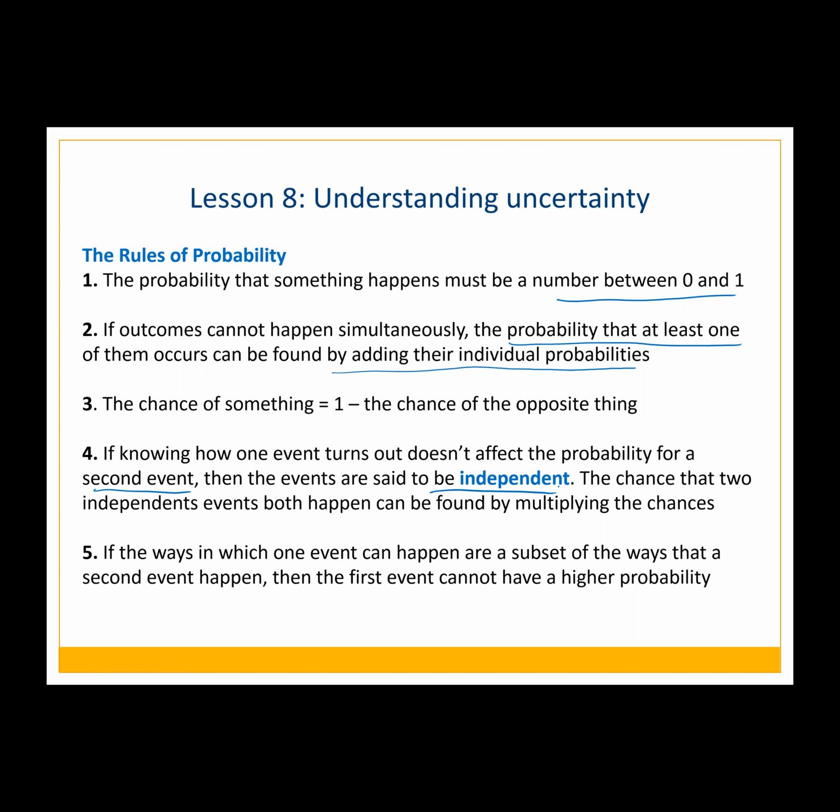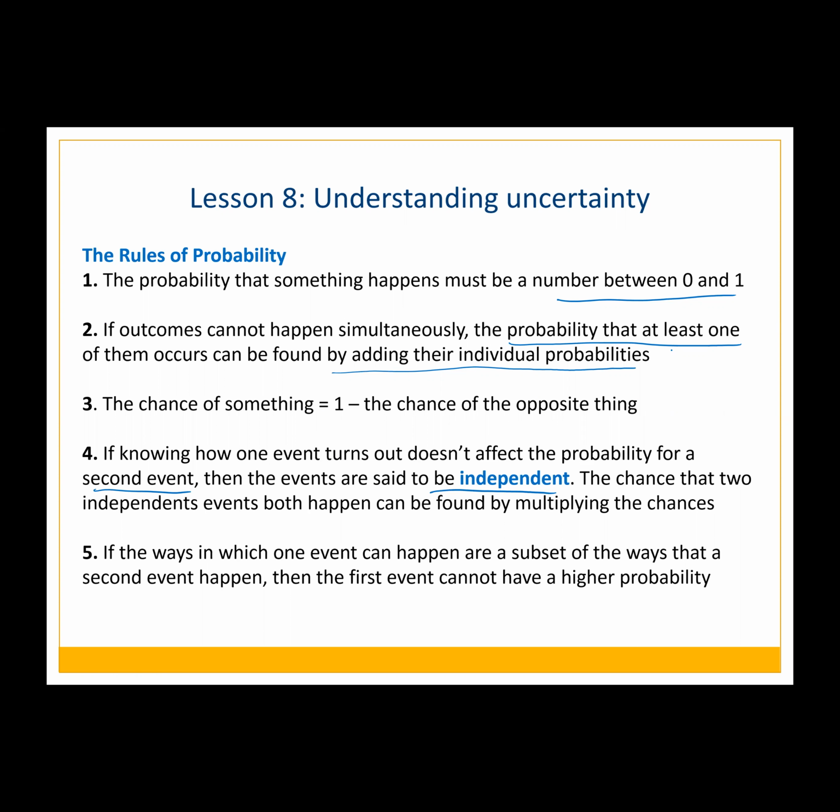That's why we have to multiply them. In the case of rule 2, when you have equal to or bigger than, it's an "or", so you just add them together. But if you need both to happen at the same time and they're independent, it's an "and" between the two events, so it's the product of their probabilities.